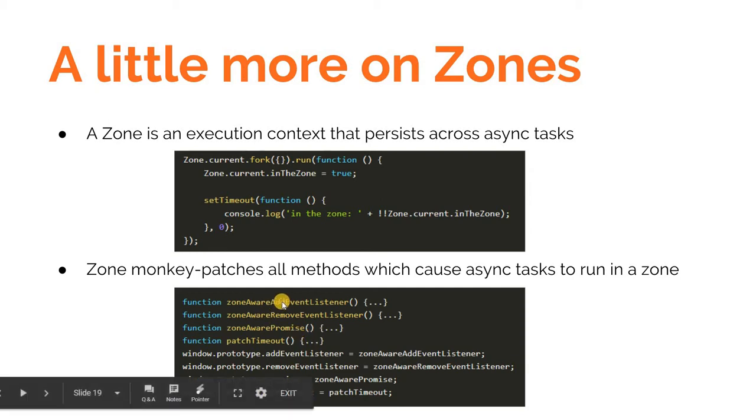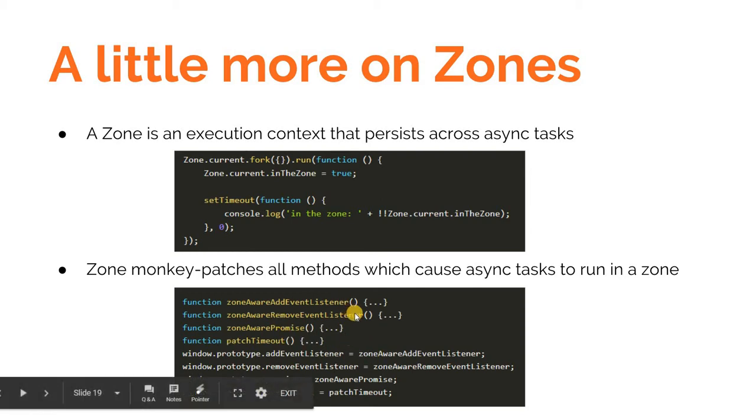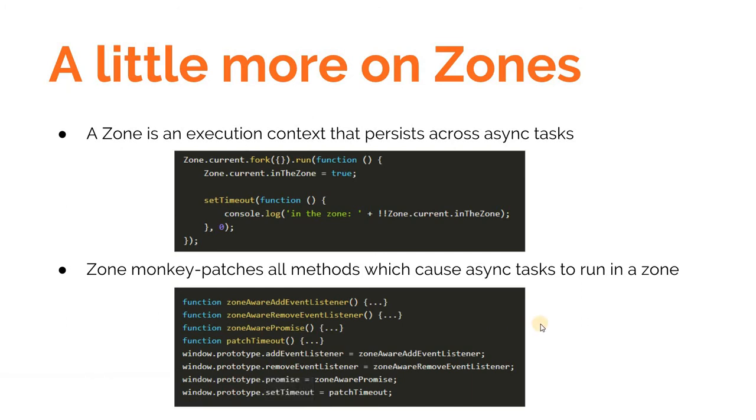We are making these functions right here, and then we are assigning those functions to the actual functions that are going to be called whenever an asynchronous task is run. This is the whole process of monkey patching the asynchronous task handlers with the zone-aware asynchronous task handlers.